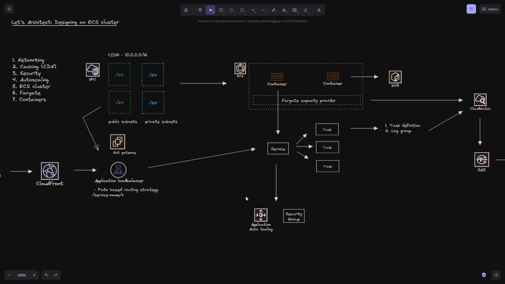And what will happen is that as traffic is coming into the service and it's consuming resources within Fargate, CPU or memory, once that consumption goes over a specific threshold, what application autoscaler will do is that we'll configure it to then add more services to then be able to better handle the load.